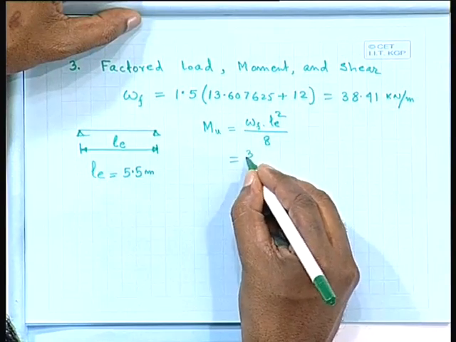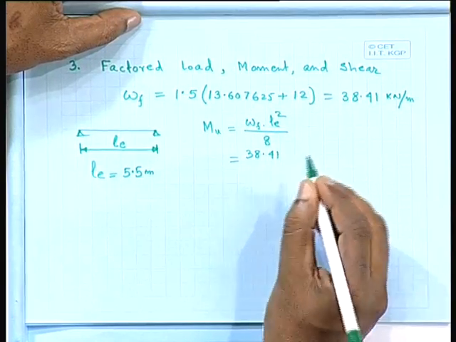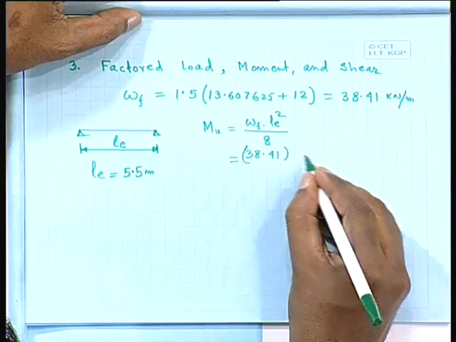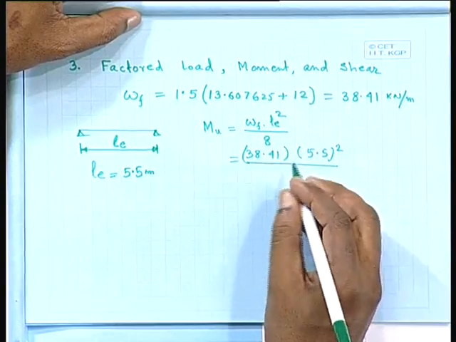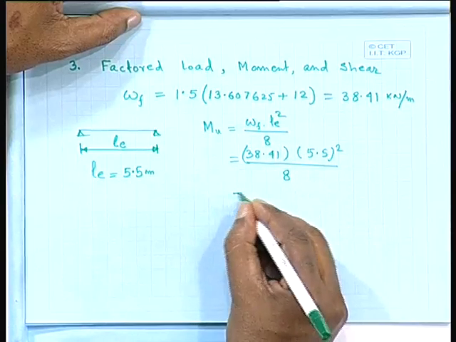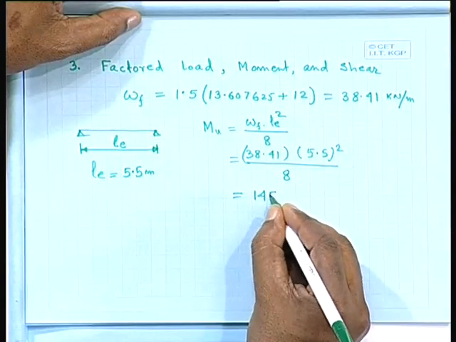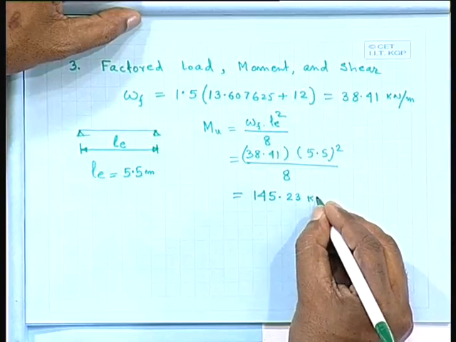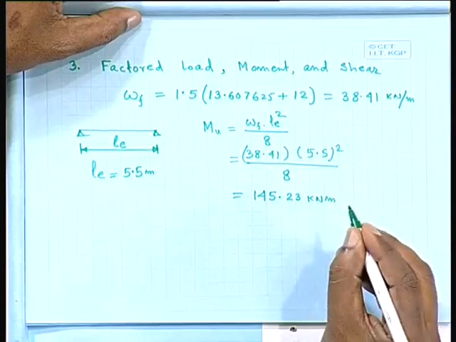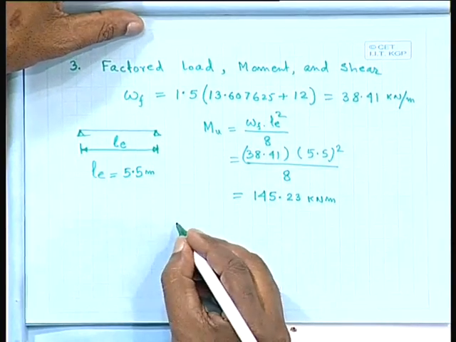So, equals 38.41 times 5.5 whole square by 8 equals 145.23 kilonewton meter.